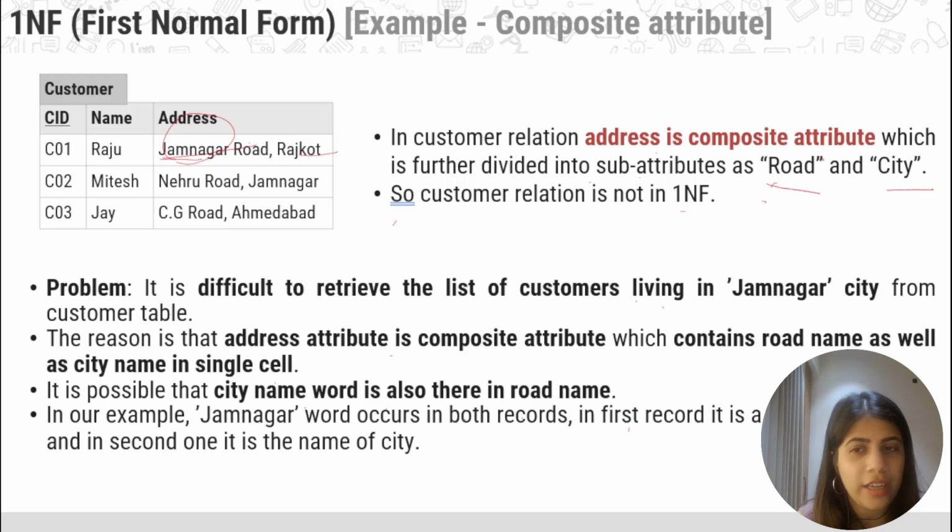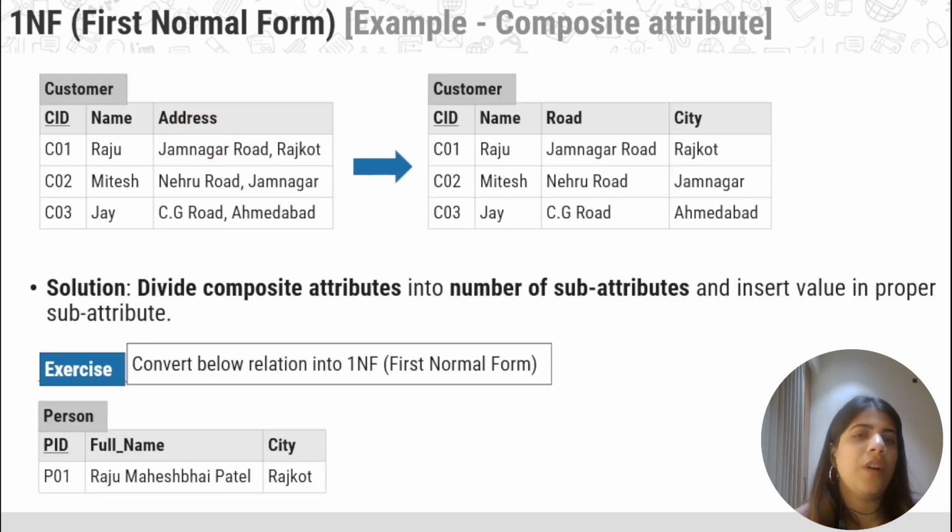In the first record, it is a part of the road name, and in the second one, it is part of the city. So to overcome that, what we could do is divide this address into two more parts like road and city. So each cell will have an atomic, which means a unique value in it. So the solution: we divided the composite attributes into a number of sub-attributes and inserted the value in the proper sub-attribute. Road alag honge, city alag honge.